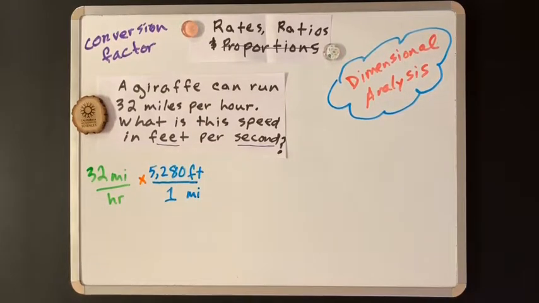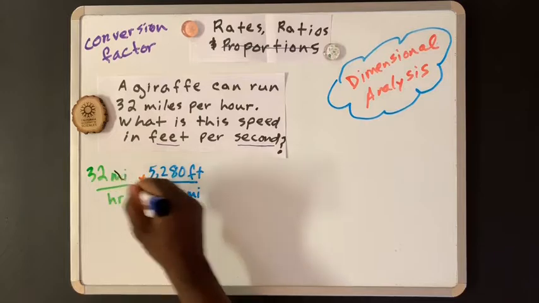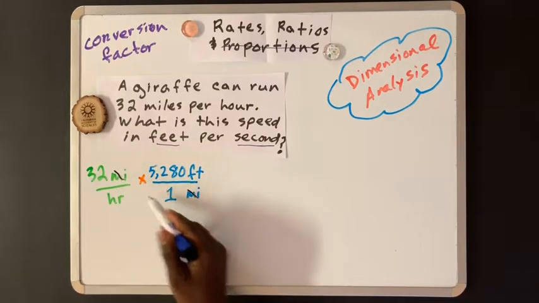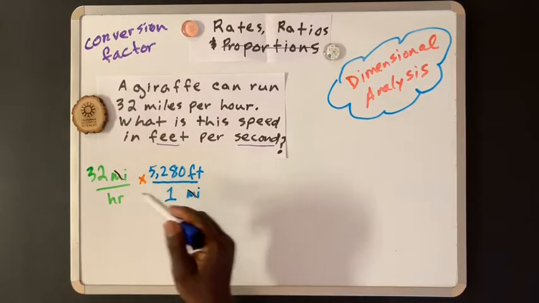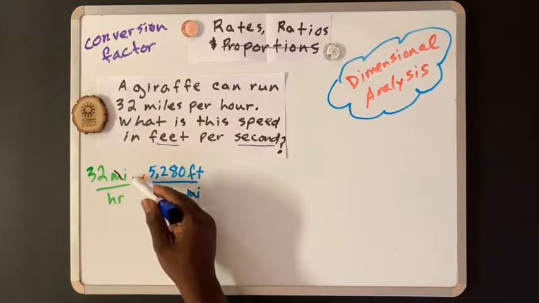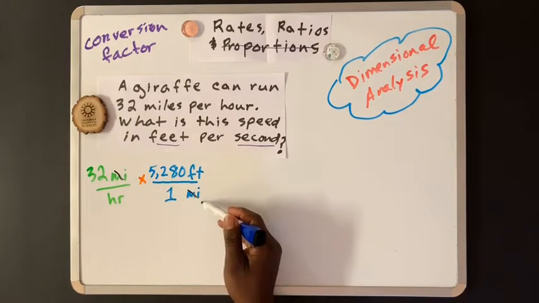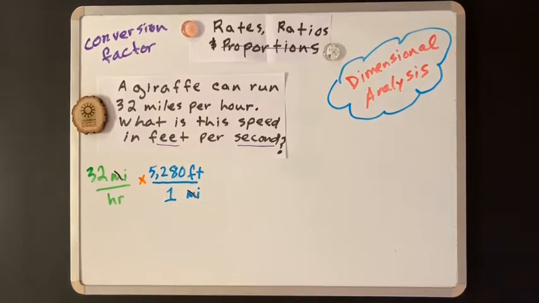You can find that fact on the internet, or you can look in your math textbook. And so now that we have that, we can cross out the miles here. Whatever you're converting from, if I have miles in the numerator, then miles has to go in the denominator, and then feet goes in the numerator.